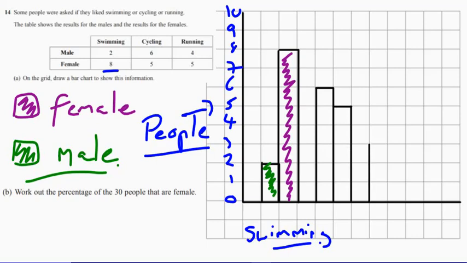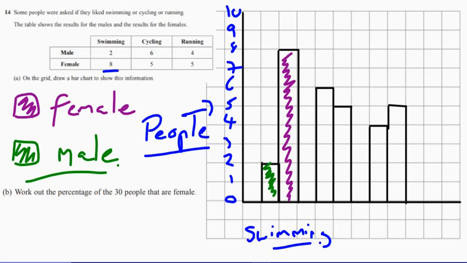So we're going to have 4 males. There we are. And 5 females. Now you're doing yours with a pencil and a ruler, so it should hopefully be slightly easier to do.